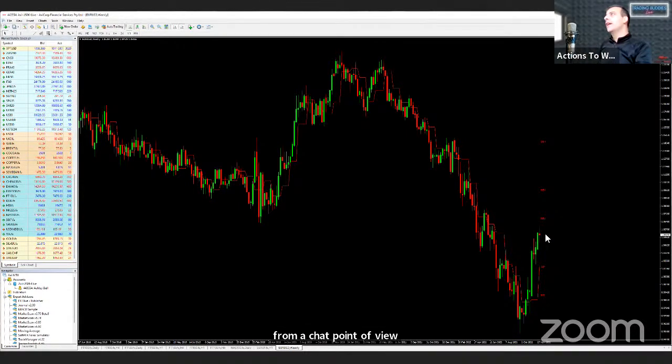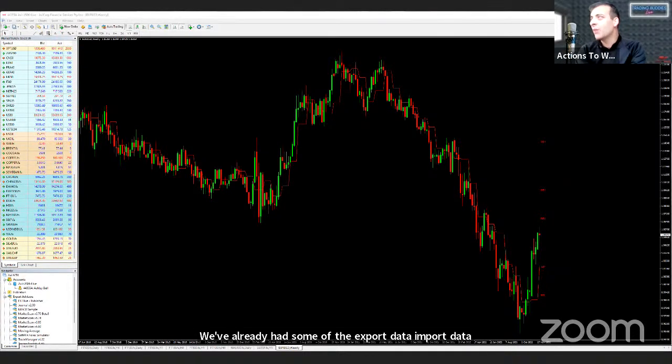So today, if we're thinking about what we've got coming up, we've already had some of the export and import data from Australia, which was negative, both of them in negative territory, which again suggests an easing of inflation. So the trade balances were slightly weaker.